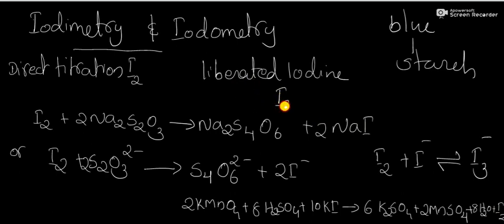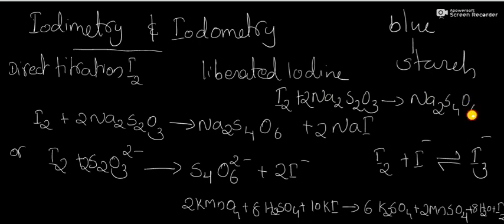That is our reaction: iodine plus Na2S2O3, sodium thiosulfate, forms Na2S4O6 plus 2 moles of NaI. Here starch is used as the indicator. So the first step is preparation of iodine solution by dissolving iodine in potassium iodide, forming triiodide ion.